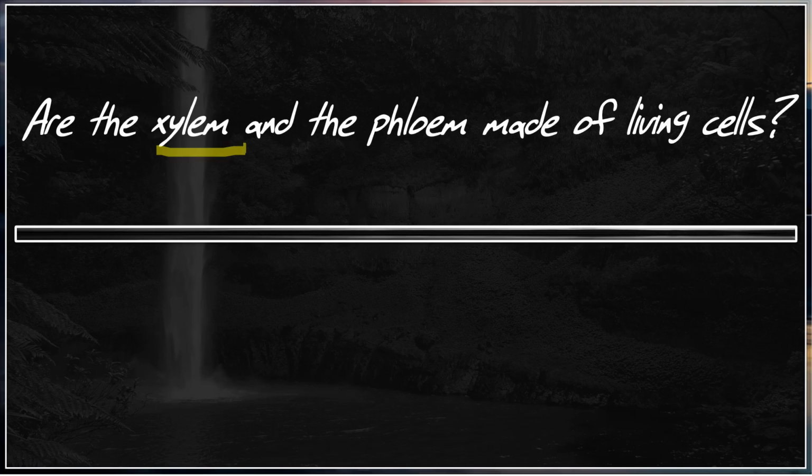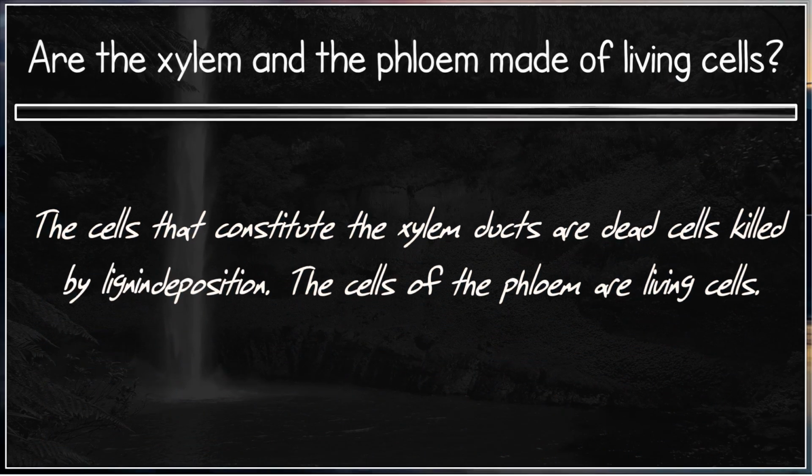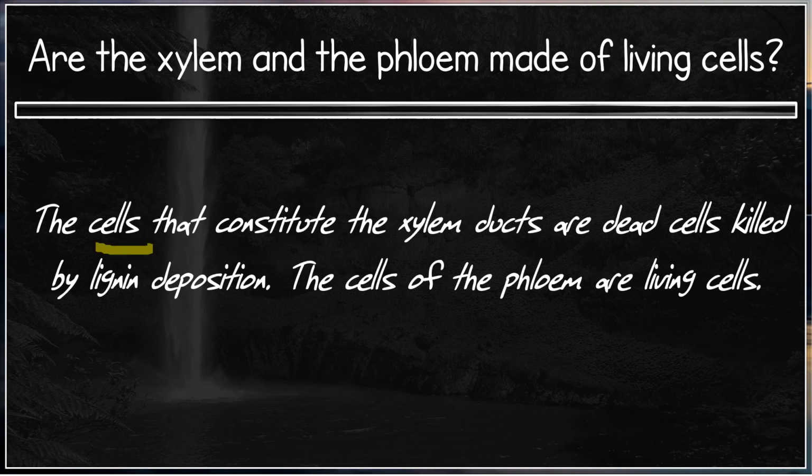Are the xylem and the phloem made of living cells? The cells that constitute the xylem ducts are dead cells, killed by lignin deposition. The cells of the phloem are living cells.